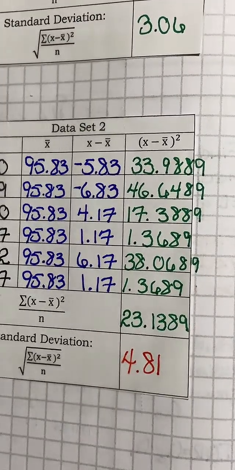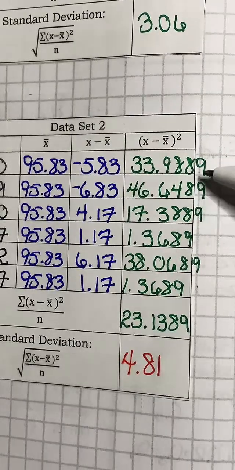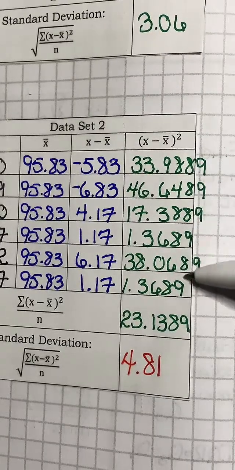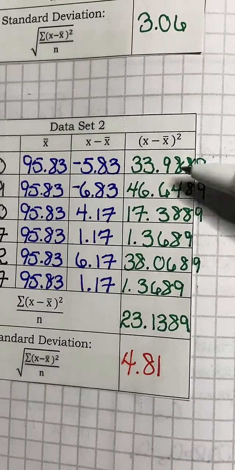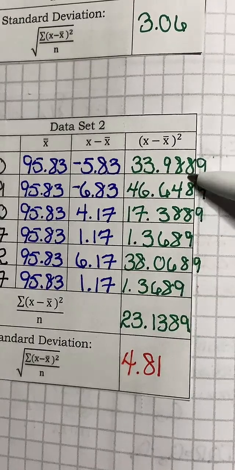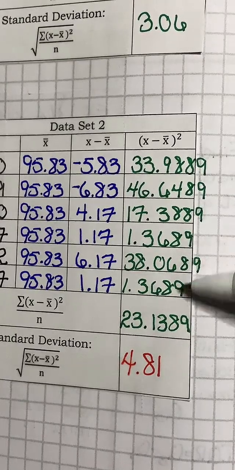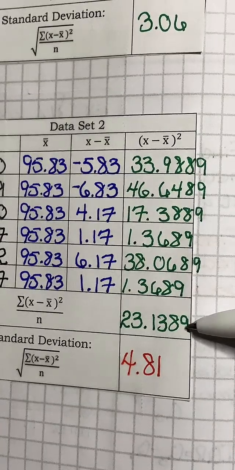All right. So I got 4.81. The last two steps: you're going to add all these answers in green up and divide by, you're basically taking the mean of what's in green. So you add all these numbers up and divide by how many numbers there are, which is 6. That's how you get this number down here.